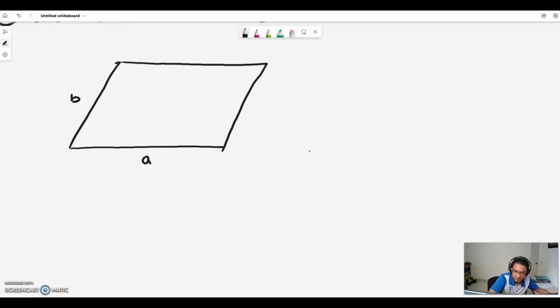Based on the mathematical formula, the area of a parallelogram is equal to the altitude of the parallelogram multiplied with the length of the base. The altitude in this parallelogram is actually the vertical height of this parallelogram, multiplied with the base length.